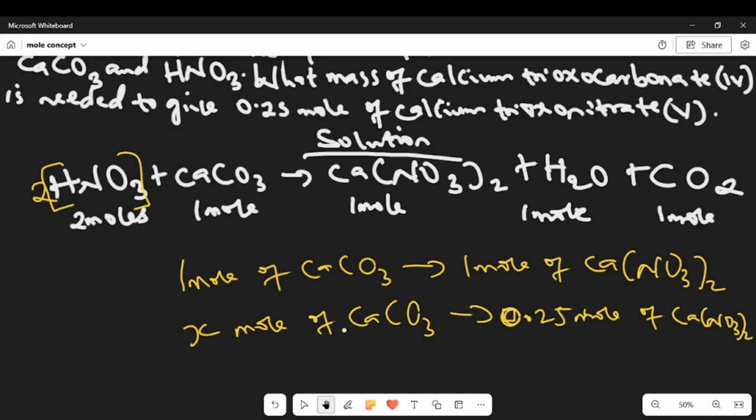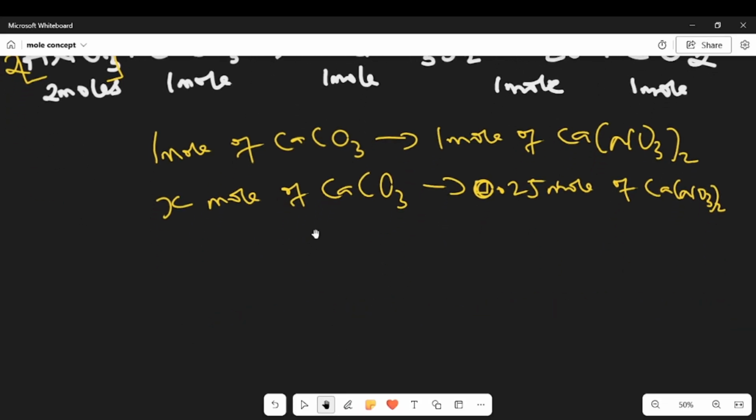So the next thing to do here is to cross multiply. Now you have X mole to be equal to 0.25 mole. This time around it is not for Ca(NO3)2 again.